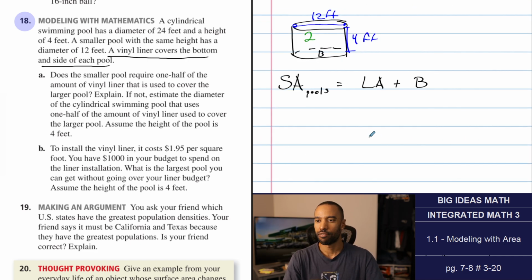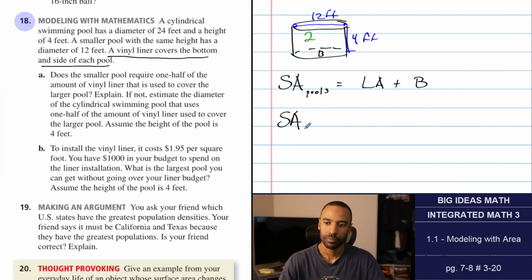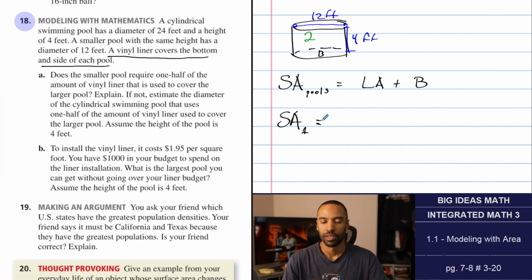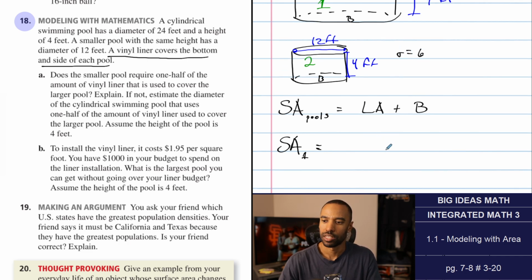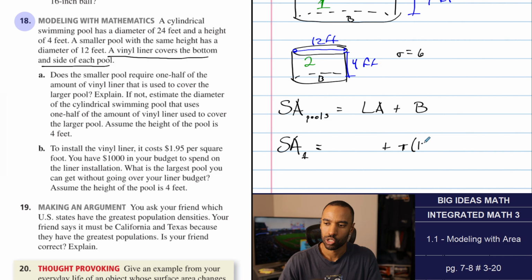So the surface area of object 1, pool 1, the bigger one. Let's start with base area, pi r squared. The radius here is 12, the radius here is 6. So this will be pi times 12 squared on that part.